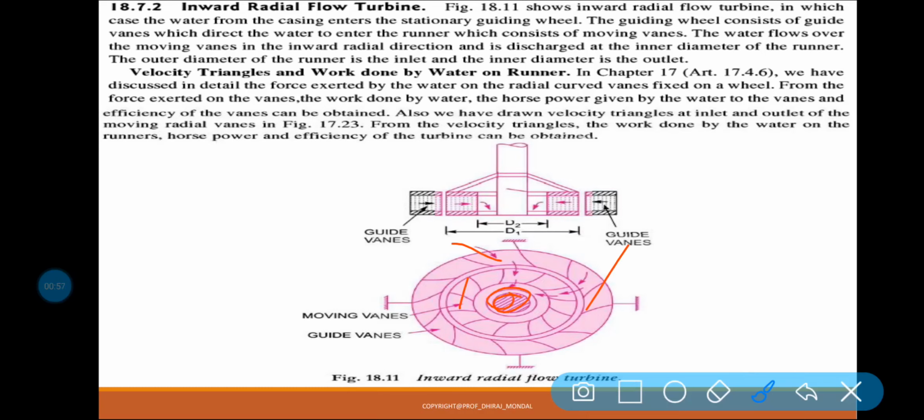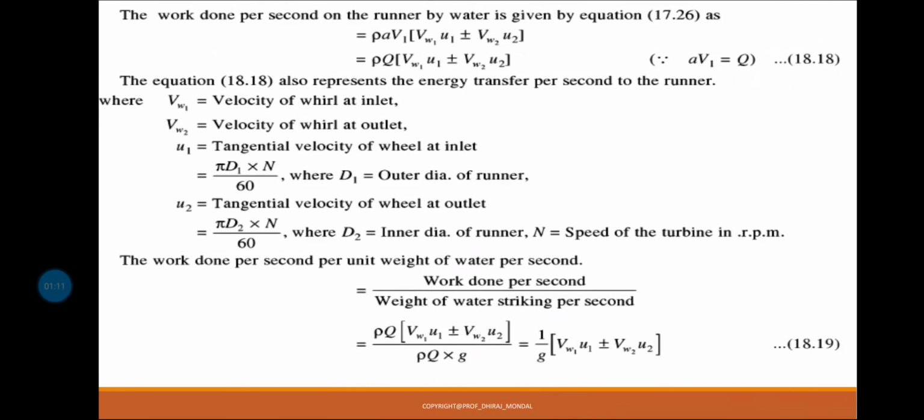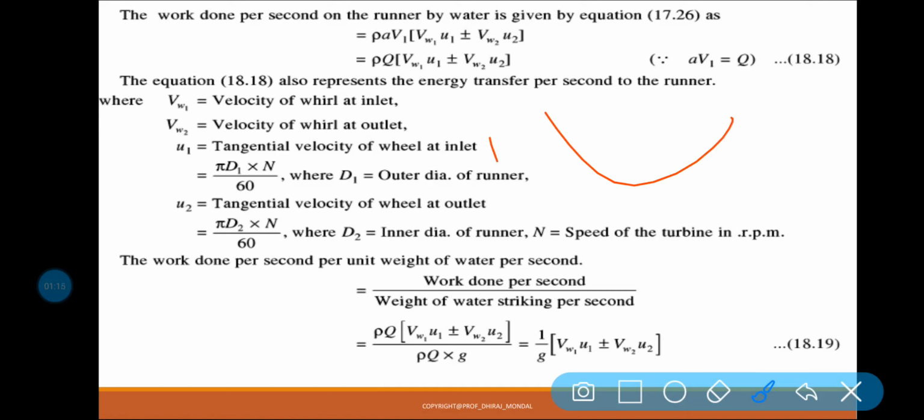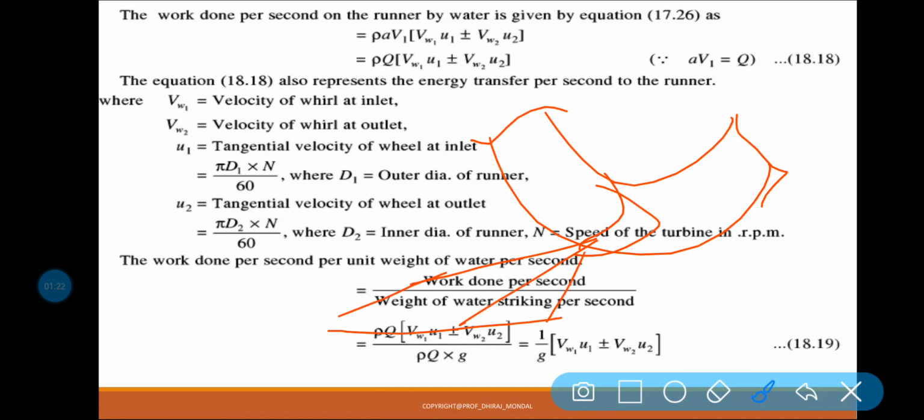The water enters the system from outward to inward, and the outlet is also inward. Now, if I talk about the velocity triangle of the inward radial flow reaction turbine, let us consider this is your vane, this is your inlet, and this is your outlet. Clear? The water is flowing from outward to inward.